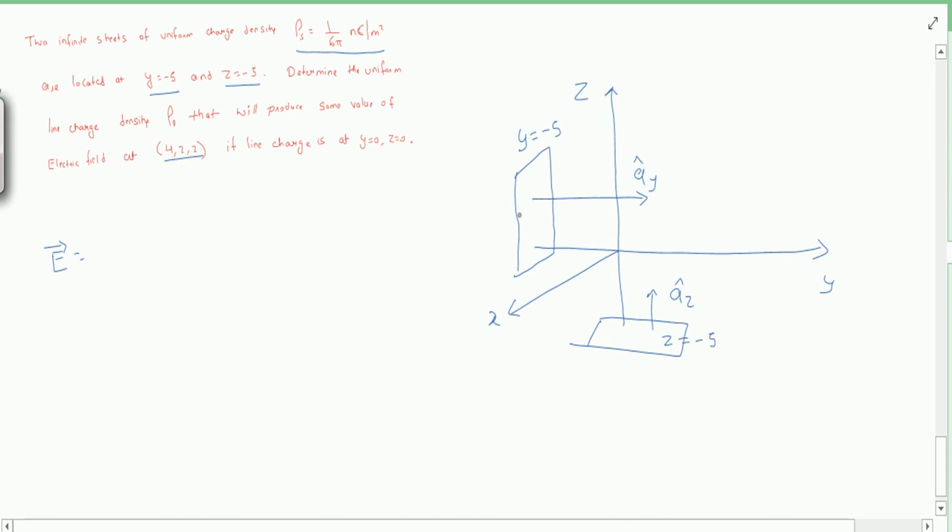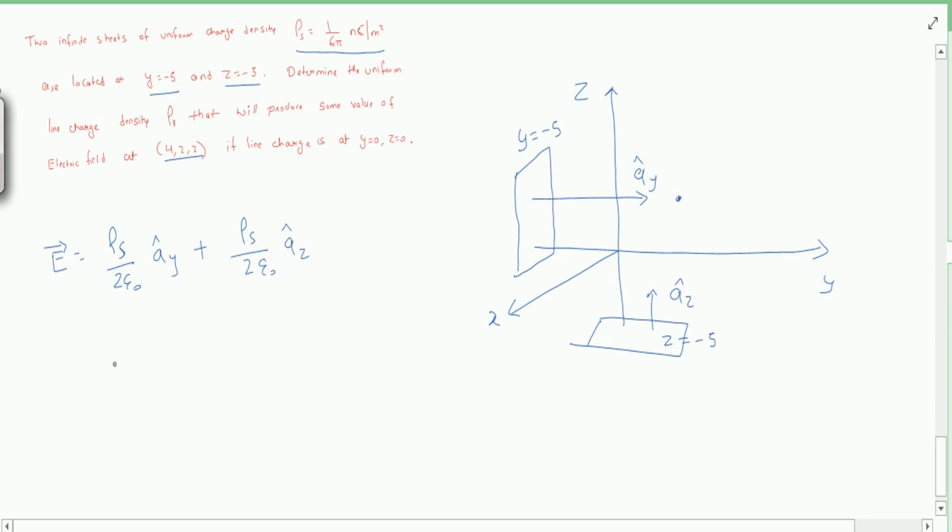Adding both of them, it will be rho s by 2 epsilon naught ay cap due to the y equals minus 5 surface, and due to the z equals minus 5 surface, it will be rho s by 2 epsilon naught az cap.